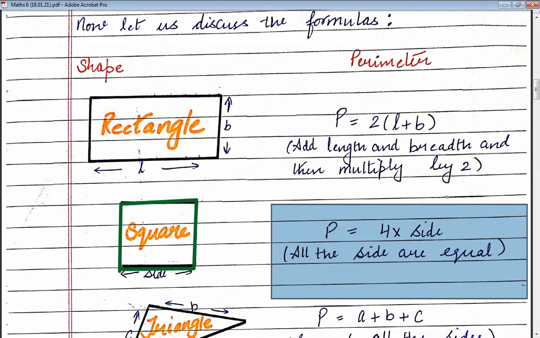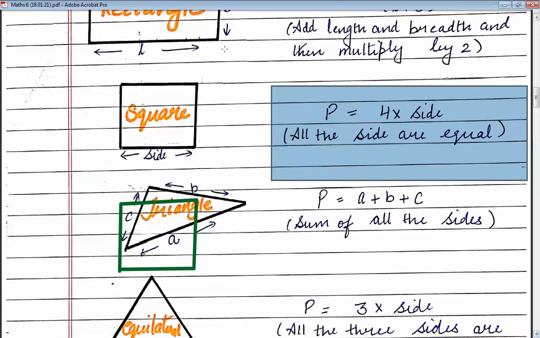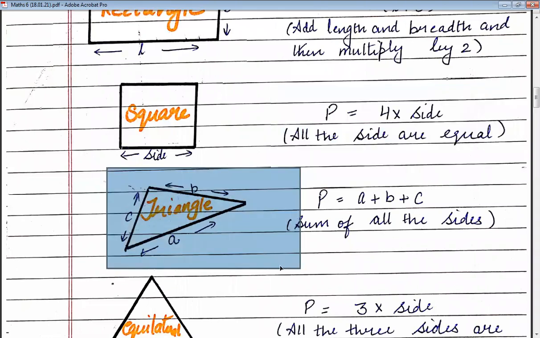Okay, students. Now let us move on to our perimeter of a triangle. Now children, if we have a simple triangle, means if we have a scalene triangle. You remember in scalene triangle, all the sides are different.